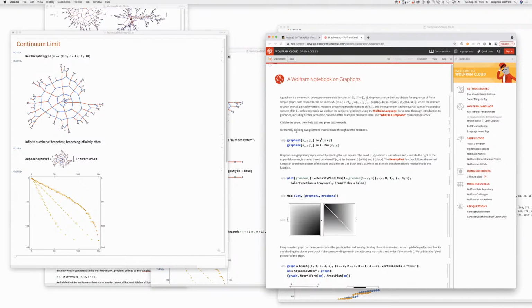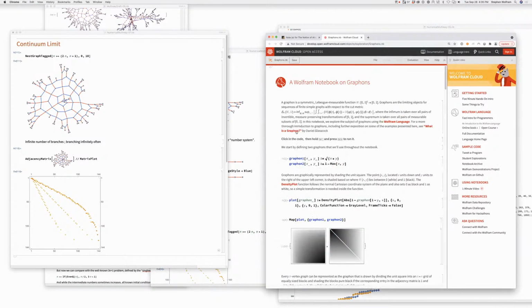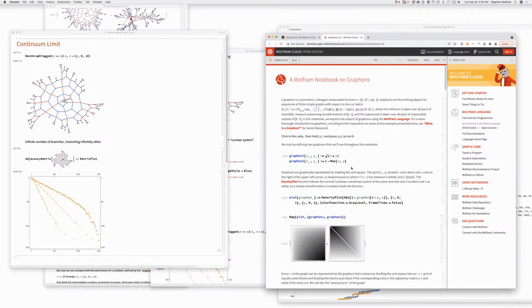Yes, I agree. The cut metric. What is that? Two graphons that we will use. Okay, square root of x times y and 1 minus max of this.